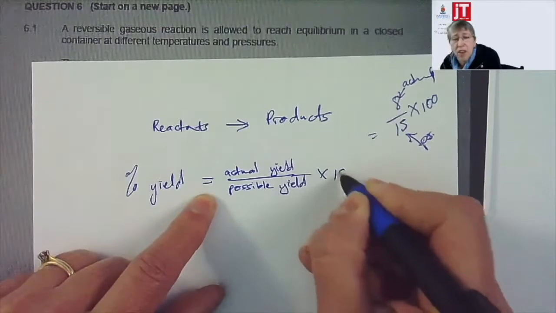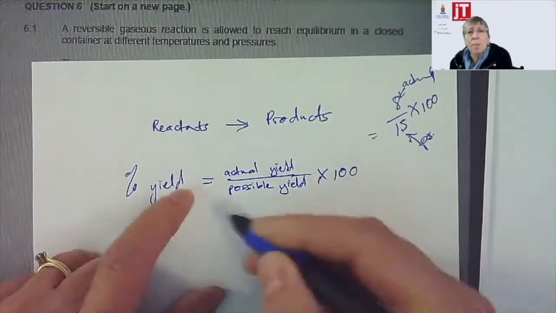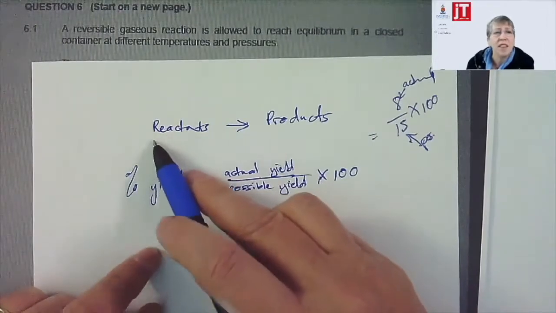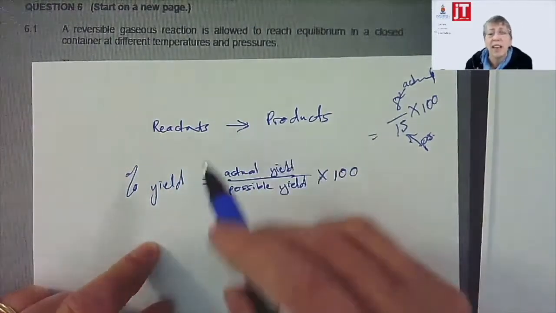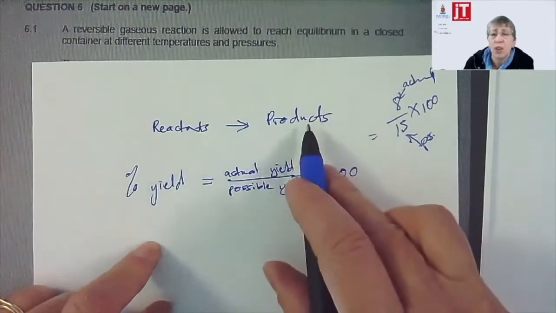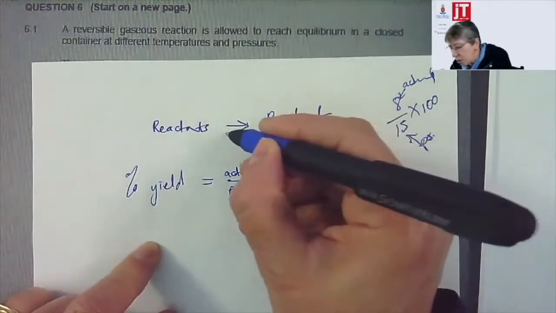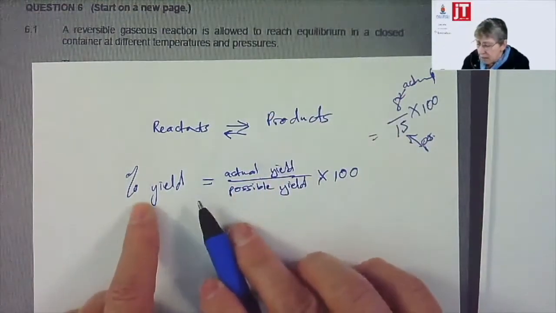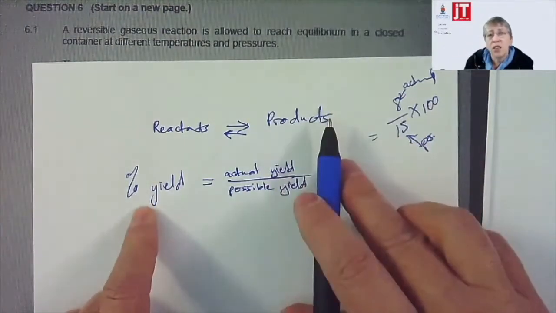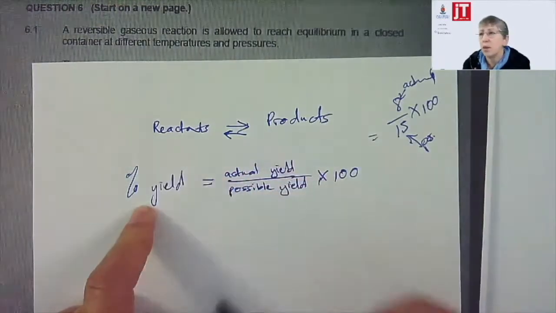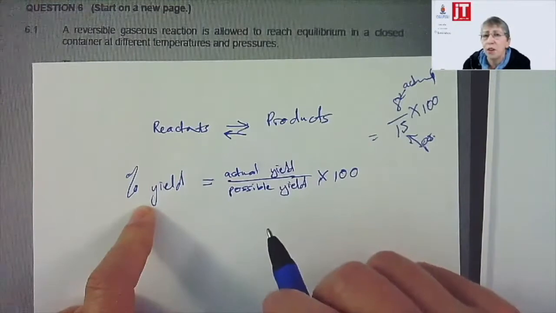and times 100. Now remember, if it is a single arrow, it means that everything that can react will react, and all the limiting agent will react, and that will determine your product. But the moment you have a reversible reaction, remember, the moment that you've made the first product, it will start decomposing as well, right? Doing the reverse reaction.